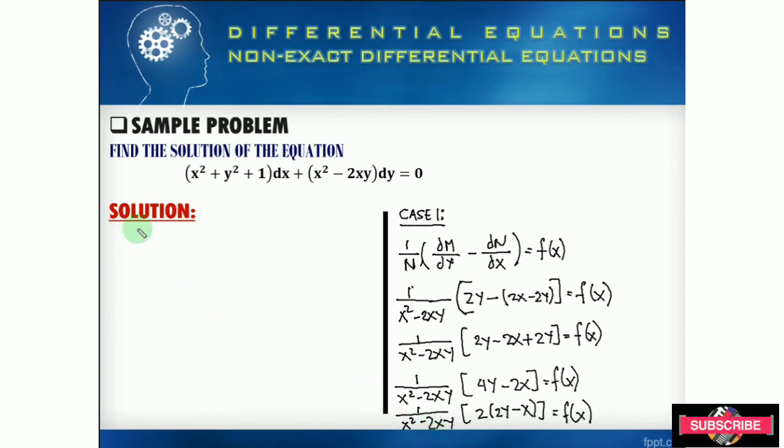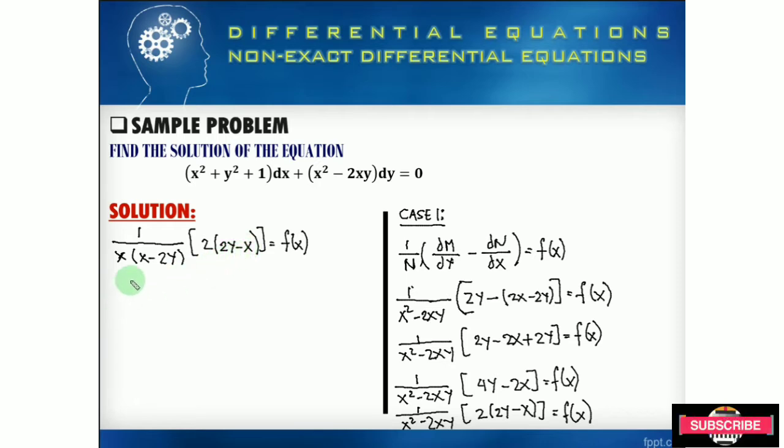So we have 1 over x times x times x minus 2y. Then we will multiply here with 2, and then we have here 2y minus x, equal now to f as a function of x. And then we have x minus 2y, but here we have 2y minus x, so we are going to extract the negative sign.